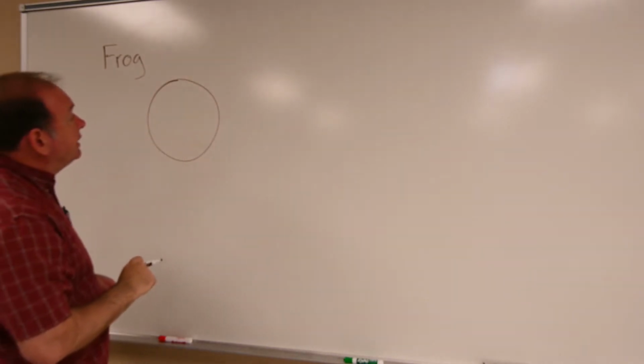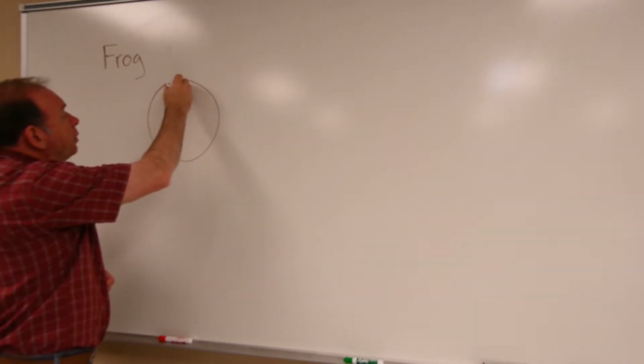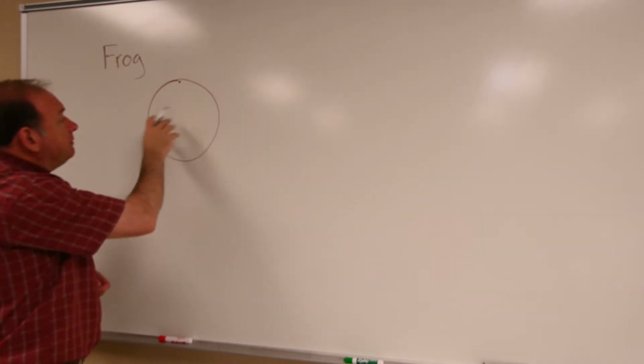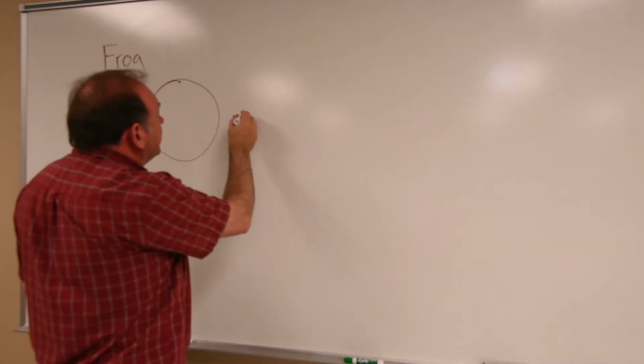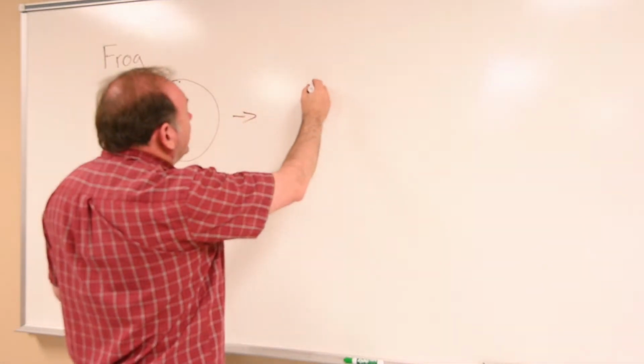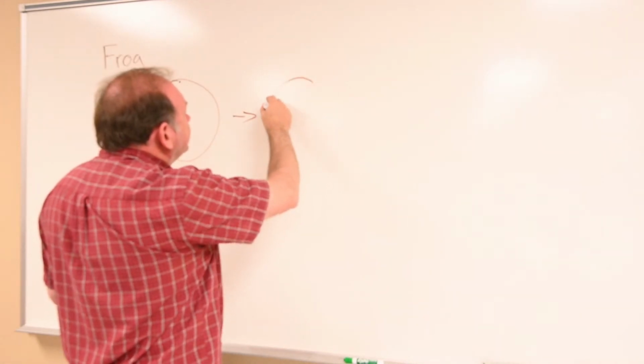So with this first cell here, we've got a nucleus at one end and a lot of yolk material down in here. When that first cell division occurs, when we go from being a zygote to the first two-cell stage, it doesn't divide into two equal cells right away.